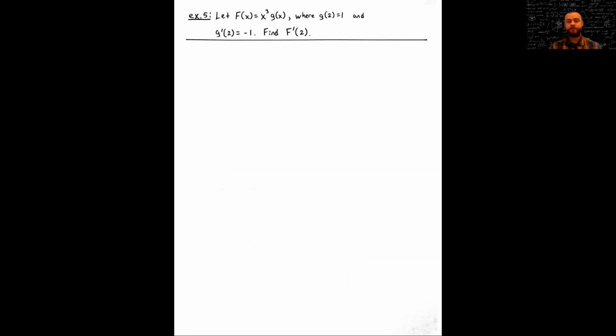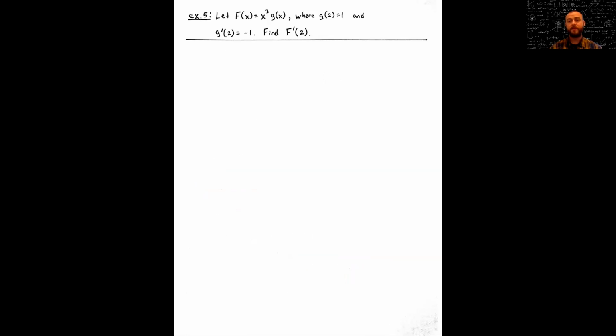All right, and here it is. This problem looks short. It's very short to state. We have a function, capital F of x, and we could name this whatever, so the names don't matter for functions. But the function, capital F of x, is defined as x cubed times some unknown function, g of x.